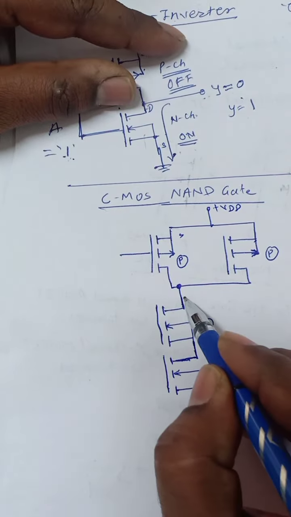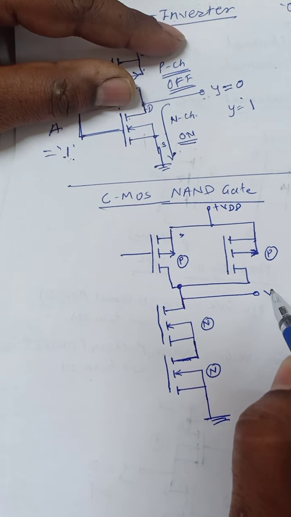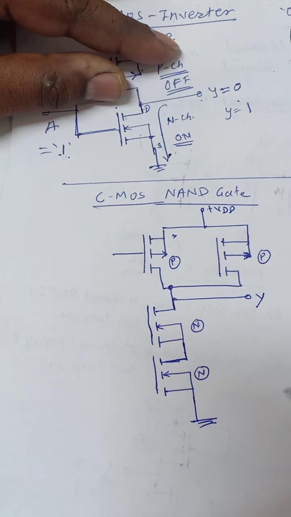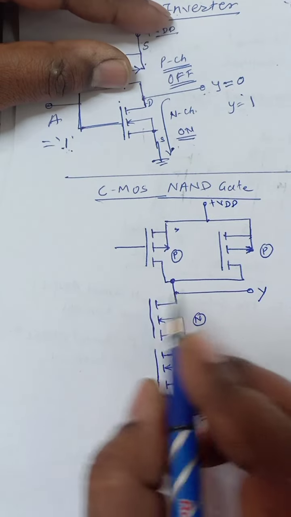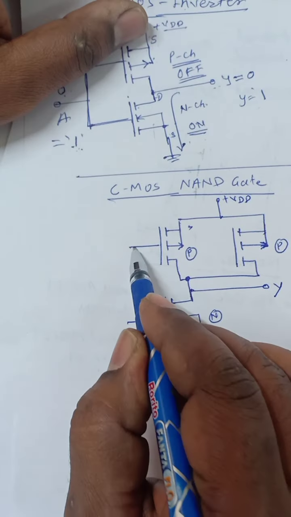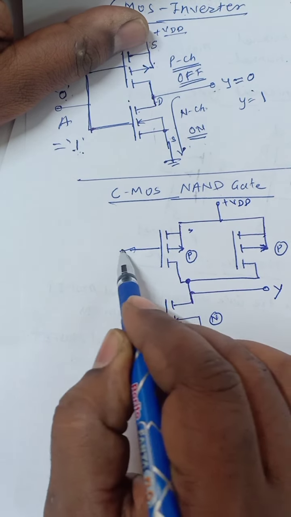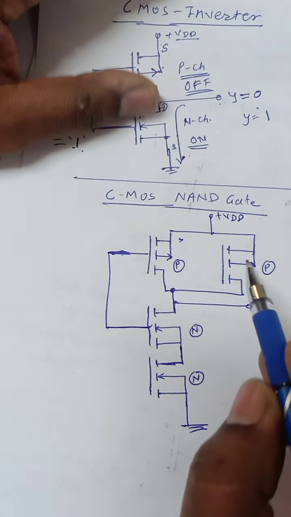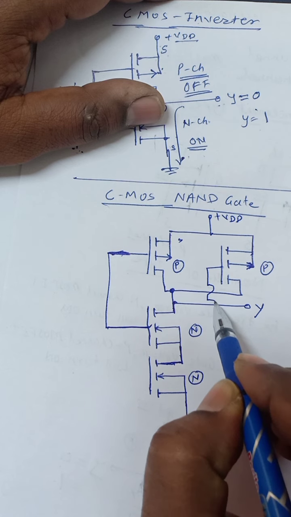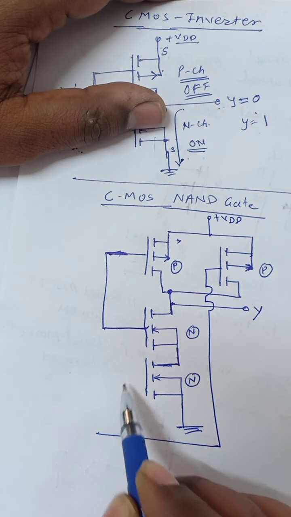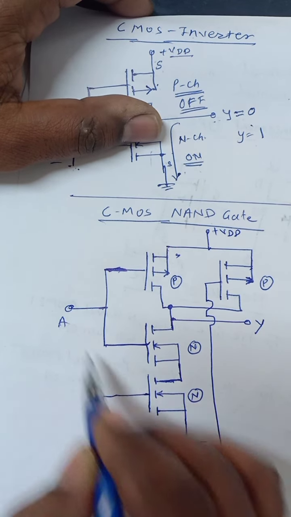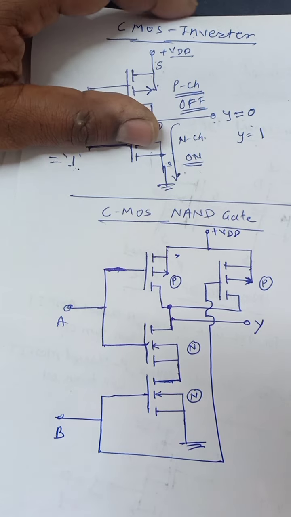You have to observe the output voltage Y at the series combination of the N channels. Also, connect the gate terminal of one P with one N, and the other P with the gate terminal of the other N. So this is input A and this is input B.